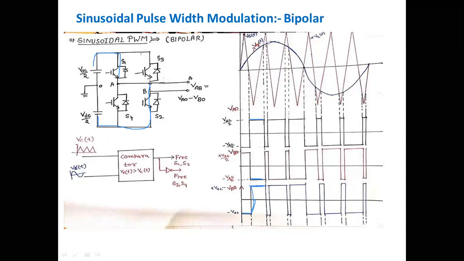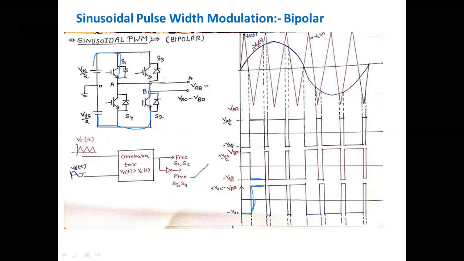Similarly, next you can draw for this. Wait a minute. Now you can see here, for this portion of time, your carrier signal is again greater than the reference signal. So if your carrier signal is greater than the reference signal, then what happens?